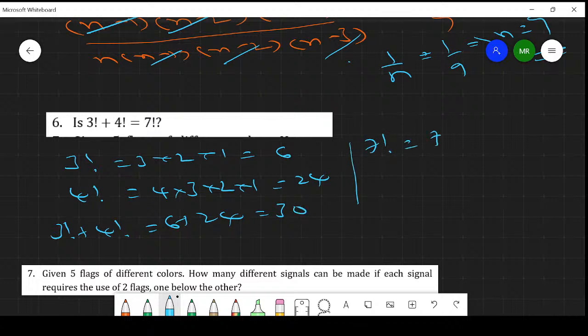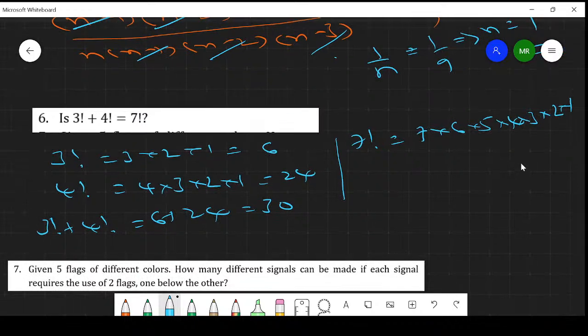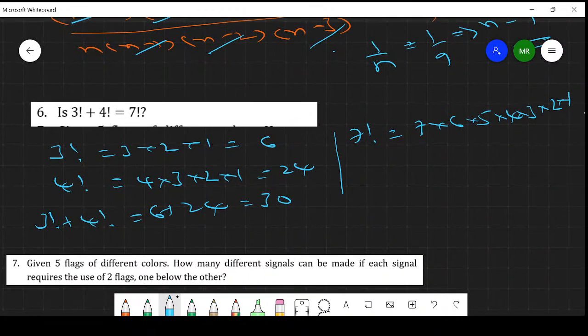At the same time, find 7 factorial. 7 factorial is 7 into 6 into 5 into 4 into 3 into 2 into 1, consecutive. You multiply all this. 7 into 6 are 42, 5 into 4 is 20, 3 into 2 into 1, 6, that is 120.